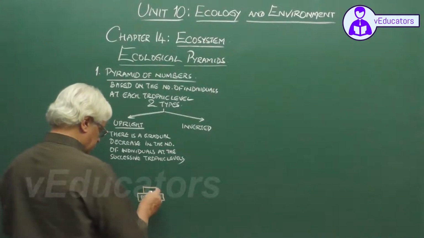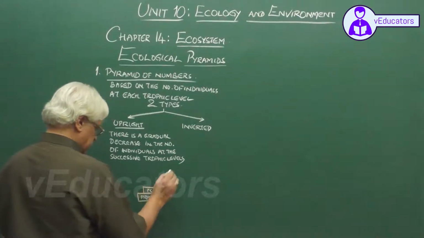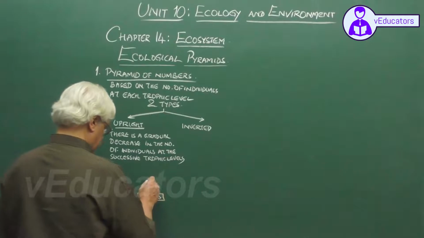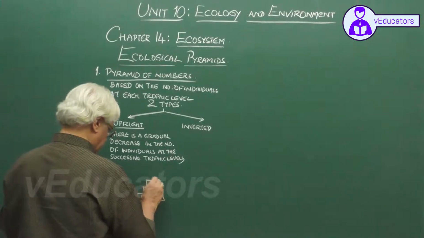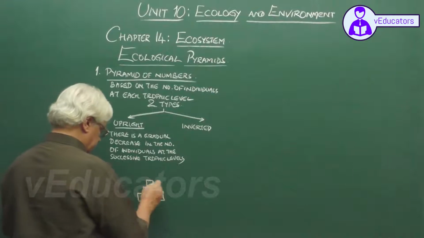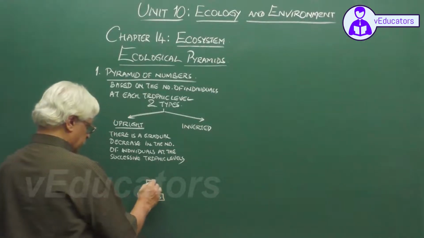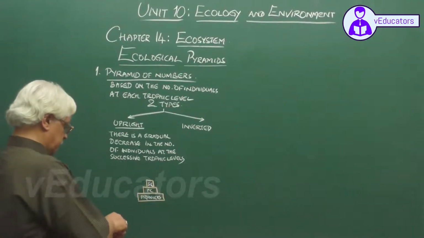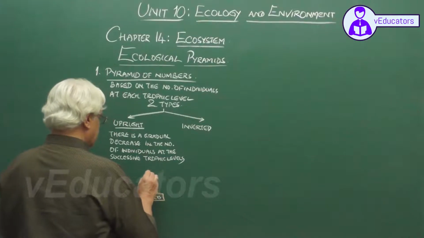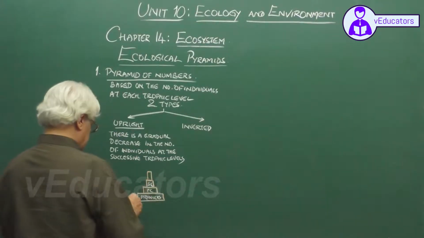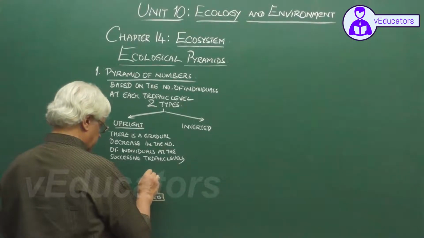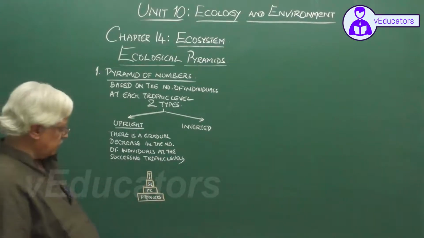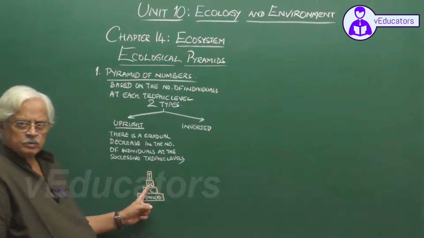Number of primary consumers will be less than the number of producers. Number of secondary consumers will be still less than the number of primary consumers, and number of tertiary consumers will be still less compared to the number of secondary consumers.